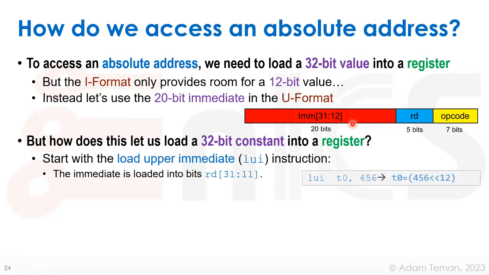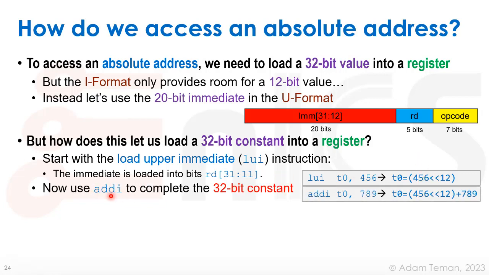Well, we need two commands. The first one is called load upper immediate, or LUI. It's going to take whatever constant we had here and shift it left by 12 positions. So LUI T0 456 is going to be T0 equals 456 shifted left by 12 positions. In the destination register, in the top 20 bits, it's going to store whatever was the constant over here.